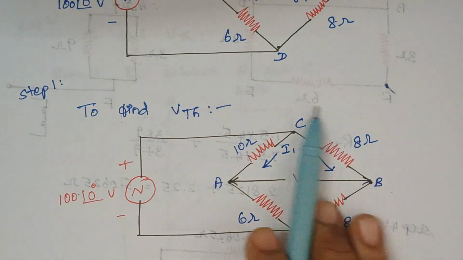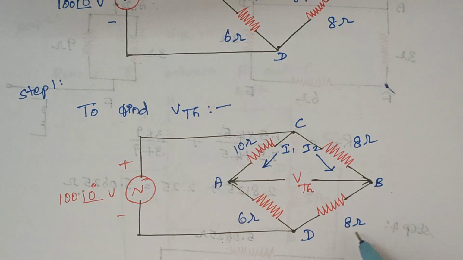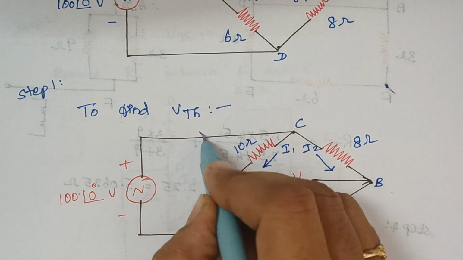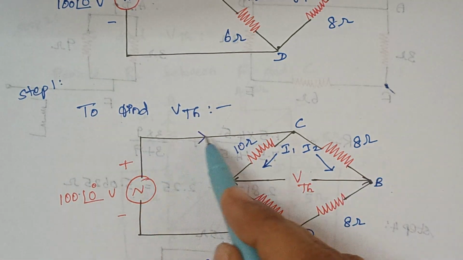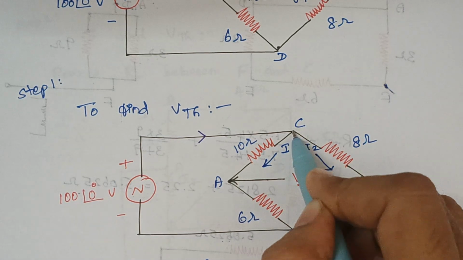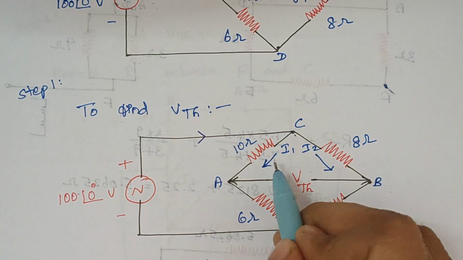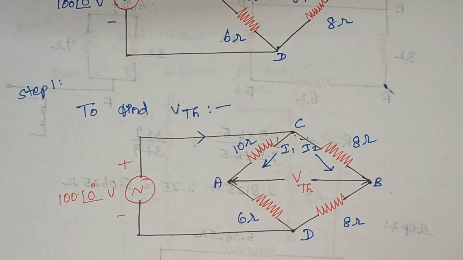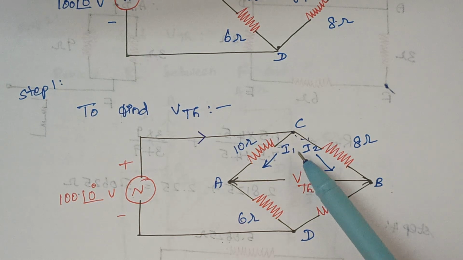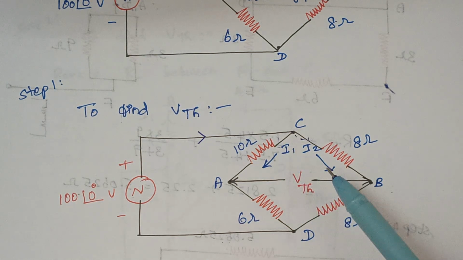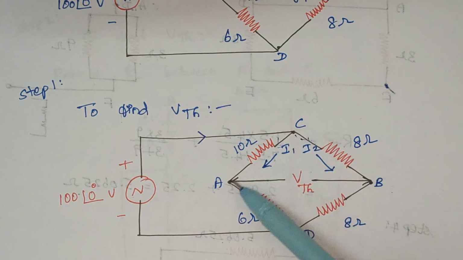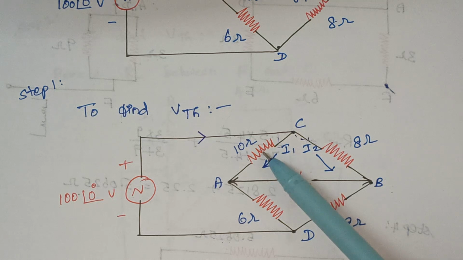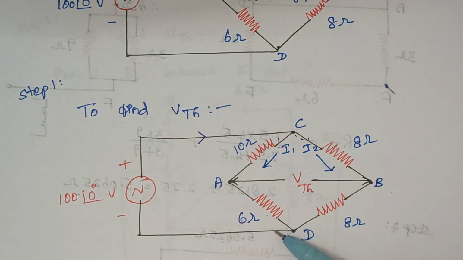You see here this is our circuit diagram. The current from this voltage source flows like this, and at this node, node C, the current gets divided into two, one as I1 and another one as I2. Now we are going to calculate the values of I1 and I2. How to calculate these two? When you look at this circuit, this 10 ohm and 6 ohm are in series.